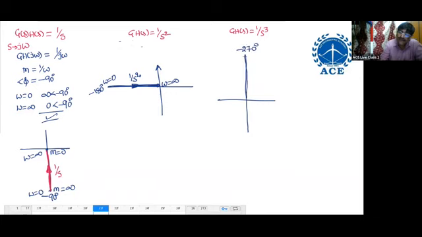This is the direction, omega 0, omega infinity. So the plot goes into the origin. So what is the conclusion? The addition of a pole at origin shifts the total plot by minus 90 degrees in the clockwise direction.